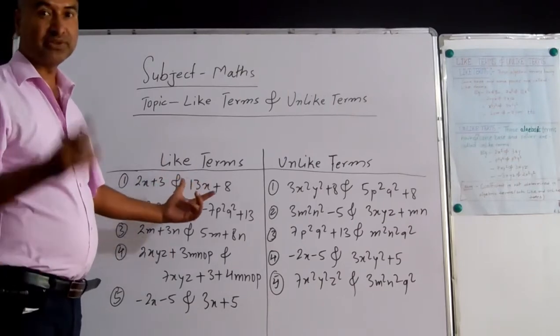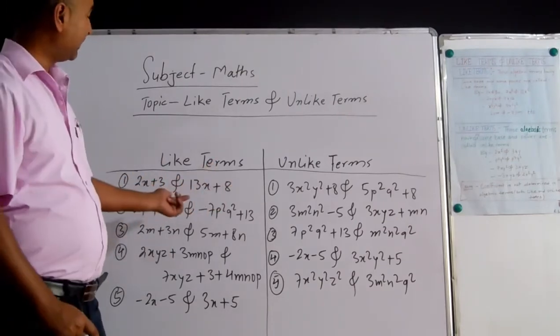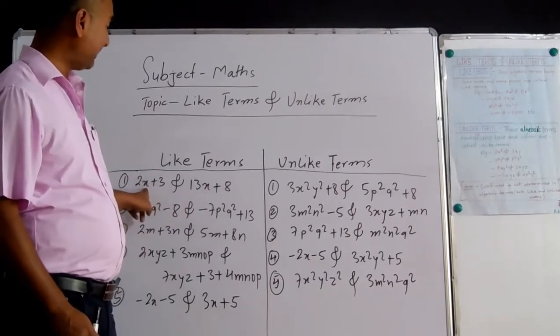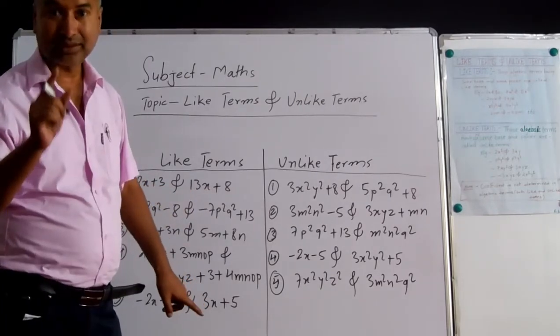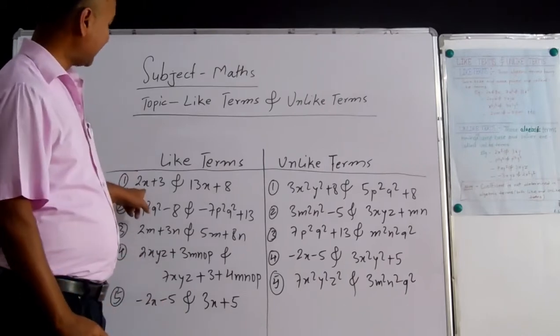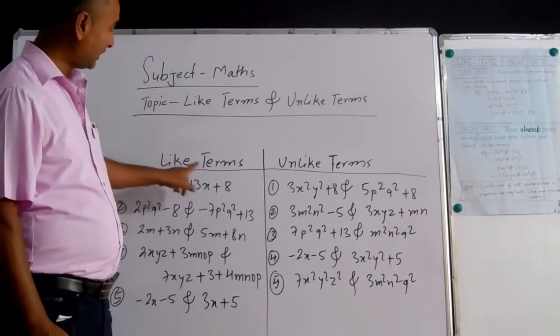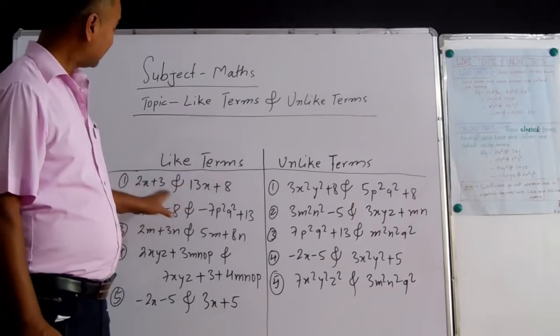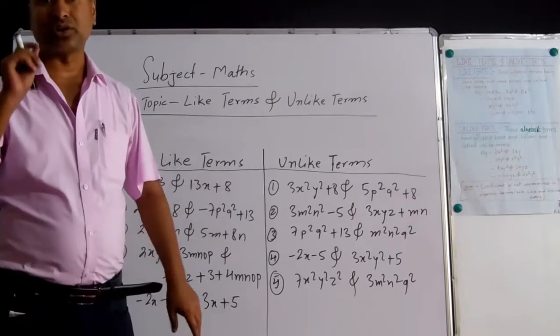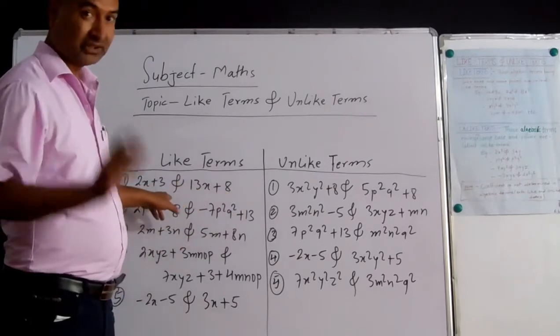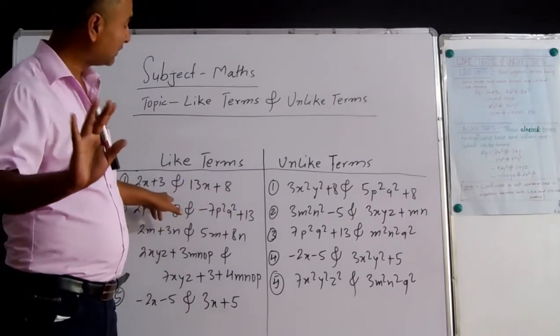These two algebraic expressions are like because they have the same variable and same power. Here the variable is x, here also x, and the power is 1 here and 1 here also. Constants are not necessary, so don't be confused.